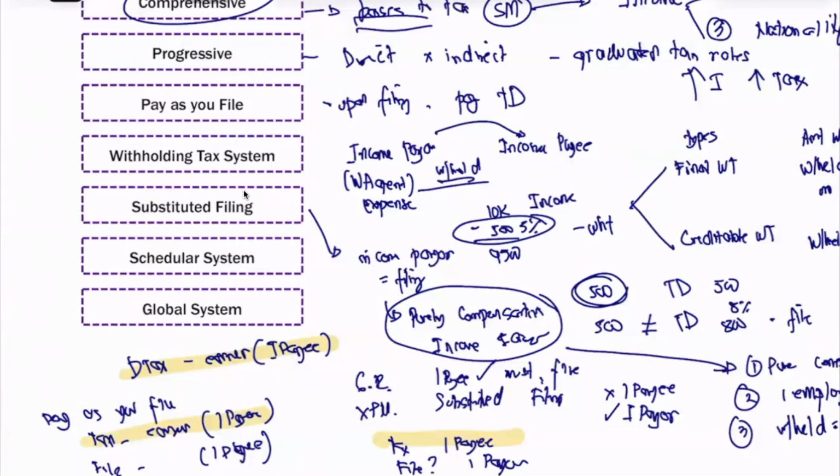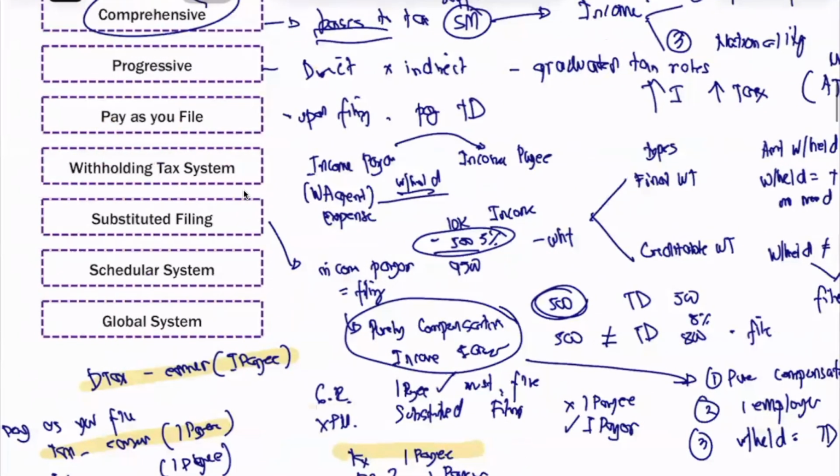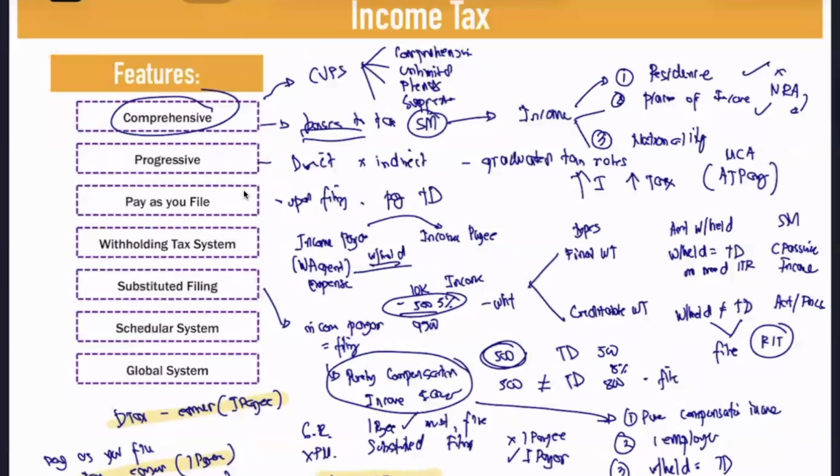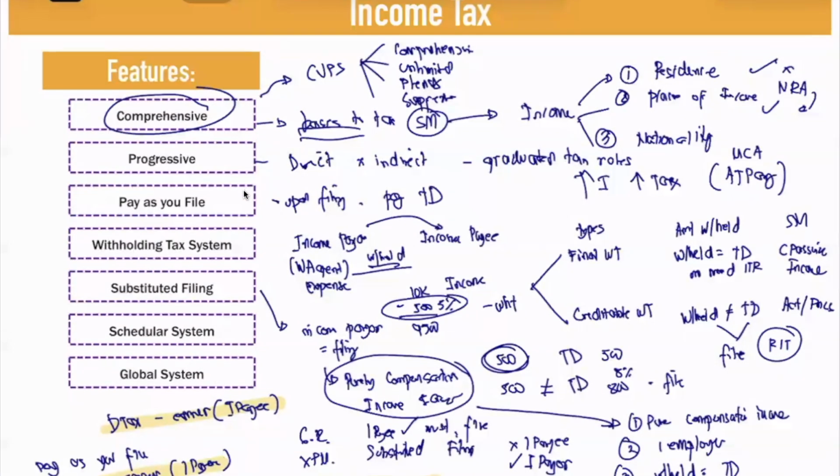However, in substituted filing, who files? The payer in lieu of the filing of the purely compensation income earner. Tandaan ninyo, saka lang nagkakaroon ng substituted filing kapag ang earner ay purely compensation income earner. Huwag kayong malito sa direct taxation, pay as you file, at saka substituted filing.